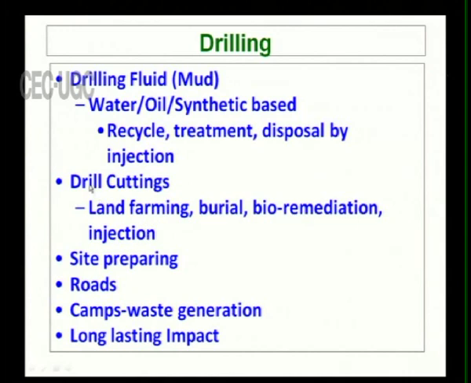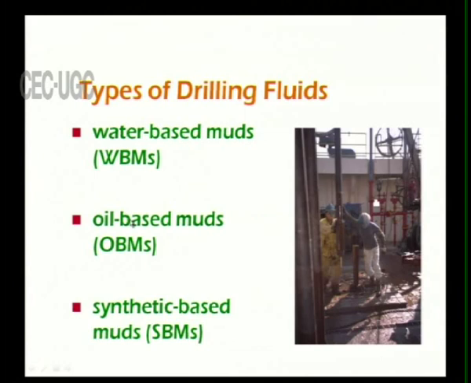The drill cutting is causing some problems for the environment, and the site preparation, the roads, the camp waste generation, they are having a long lasting impact. These are all the various processes involved in the drilling, and they are all impacting the environment. And the fluids are of 3 types: water based, oil based and synthetic based.